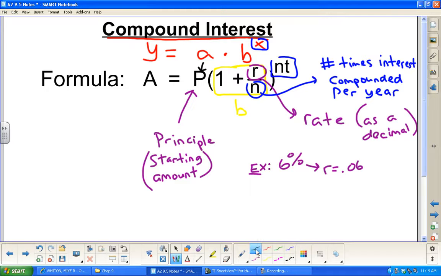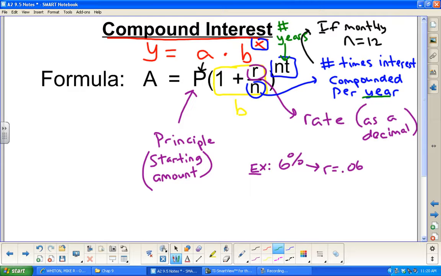So in the problem they're going to say interest is compounded monthly or daily or weekly or whatever. If it was compounded monthly, for example, in 1 year that would happen 12 times. So you would be collecting interest 12 times. If it's daily, you're getting interest every day, so you're getting interest 365 times in the year. And then finally the last variable deals with that also. We were saying it was per year, so the t value is going to be the number of years. How long are you investing?